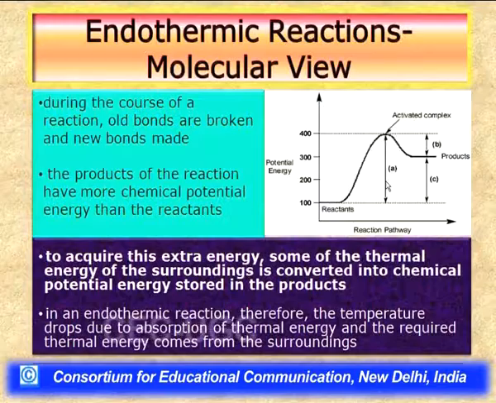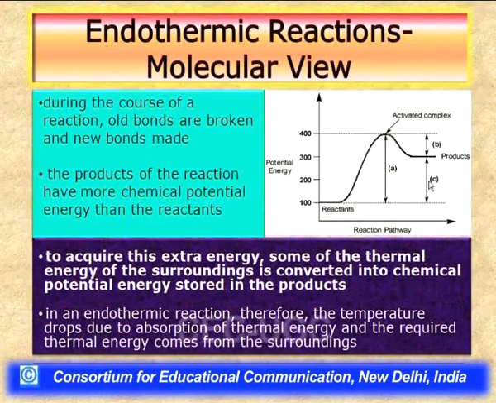So, when the reaction transforms from the reactant to the product side, heat corresponding to the enthalpy change of the reaction gets absorbed by the reaction system, which comes from the surrounding.